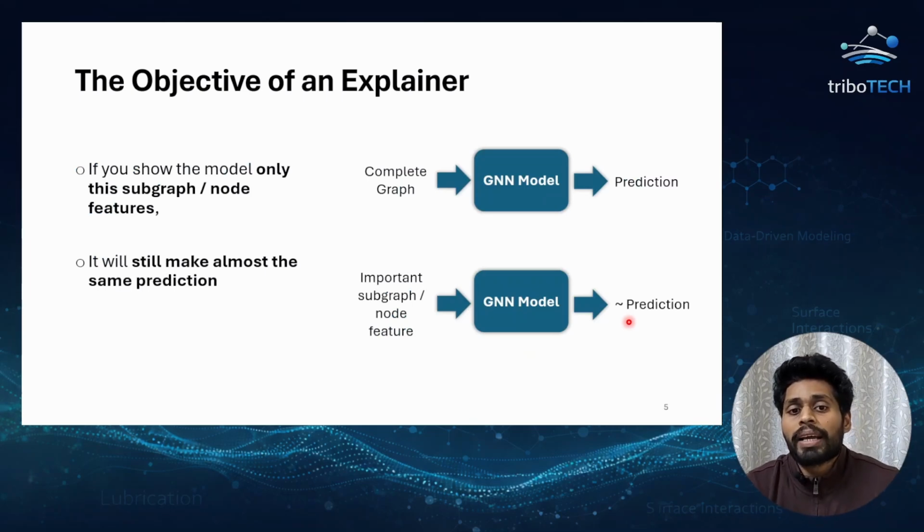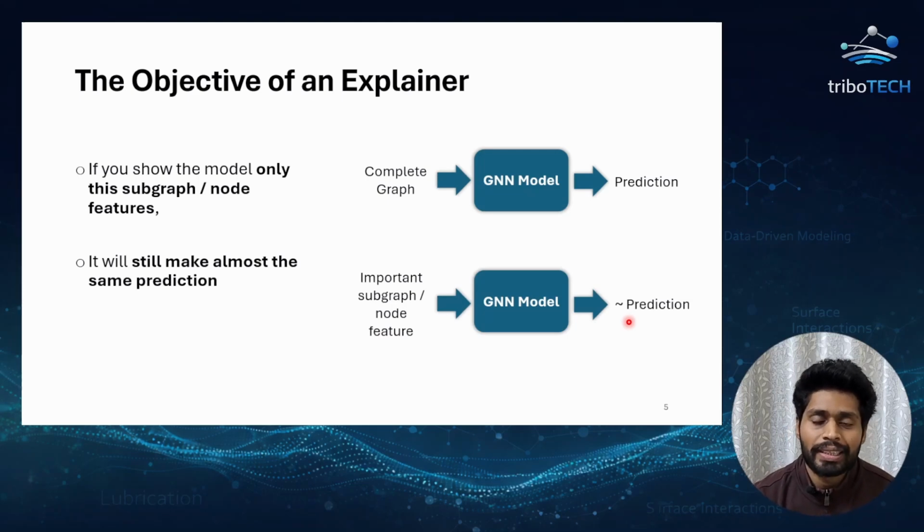What do we mean by that? This substructure within the graph influences model predictions. Let's understand this. If we input the complete graph into the GNN model, the model will make a prediction. Now, when we input just these important substructures, for example a subgraph or node features, into the GNN model, it also makes predictions very close to the original prediction made when we use the complete graph as the input.